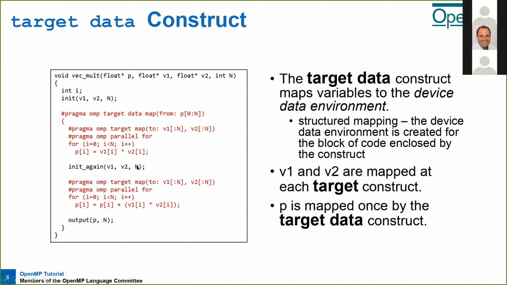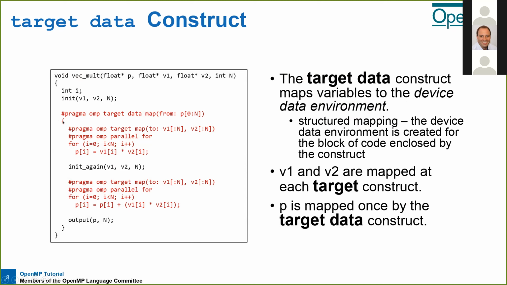And we do some init again in between the two codes. So that means for each kernel launch, we have to map V1 and V2 from the host to the device. First for the initial one, and then because we do an init again, we have to map it again from the host to the device. This is structured mapping, target data. It spans the target region.